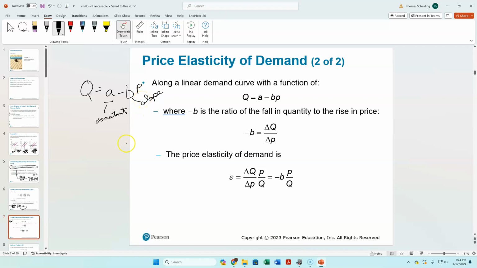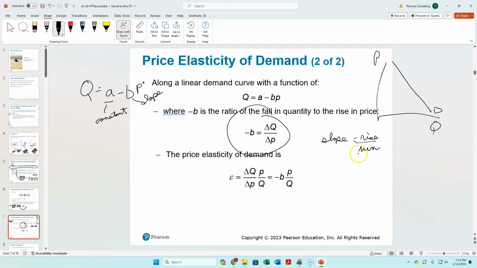Now, the slope term would be how we're changing our Q over P, right? So if we just draw out our demand curve here, slope is equal to rise over run.